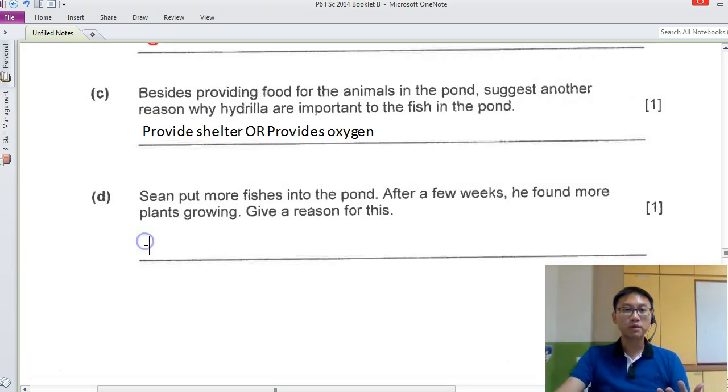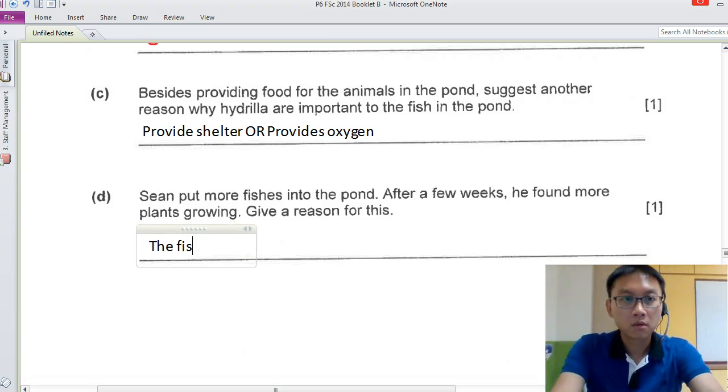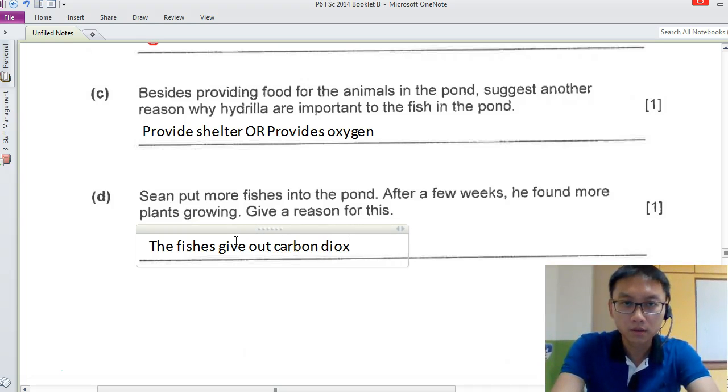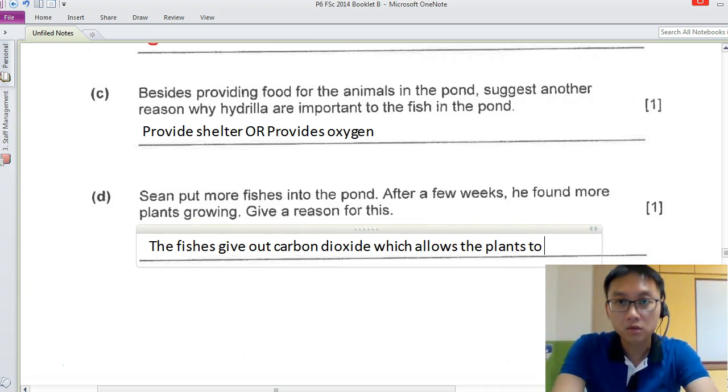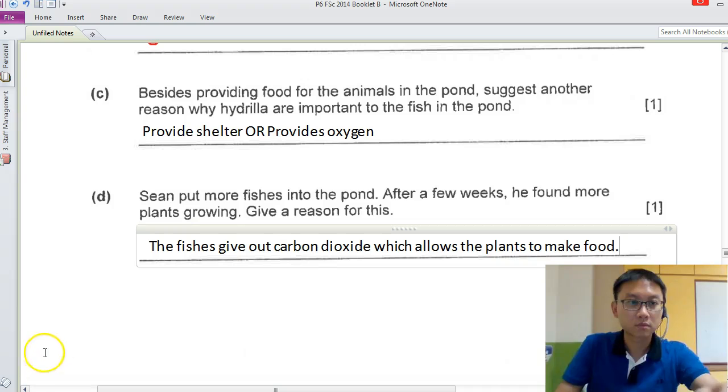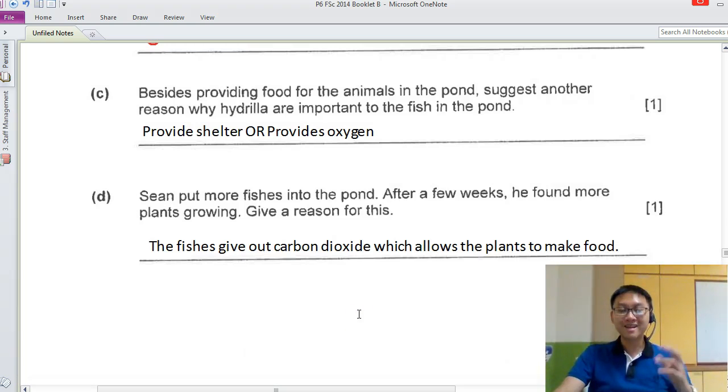So that could be one reason why there's more plants, because the fishes give out carbon dioxide, which allows the plants to make food. Now another answer is because the fish will have droppings.